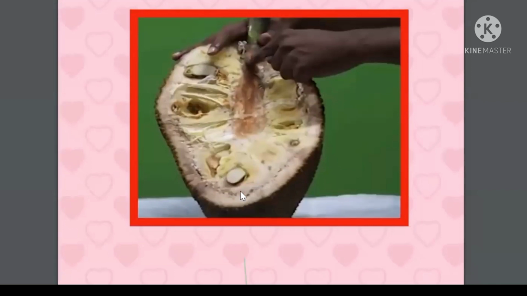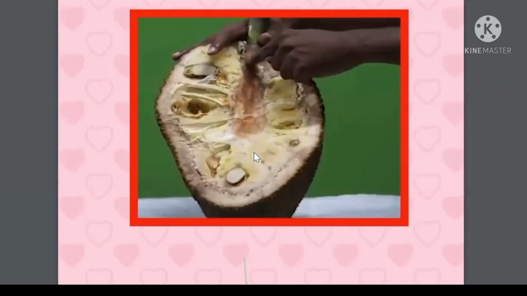Inside this envelope, a number of flowers turn into fruit, and they are covered with an envelope. And this type of fruit is called multiple fruit. So the third type of fruit we are learning is multiple fruit.